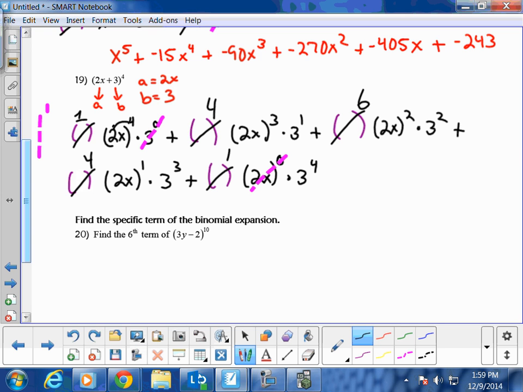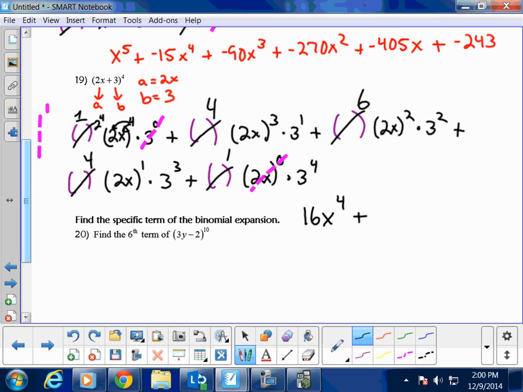This 2 is going to distribute here and here, which means that once I separate this, this really becomes 2 to the 4th. So 2 to the 4th comes out being, let's see, 8 times 2, so it's going to be 16x to the 4th for the first term.